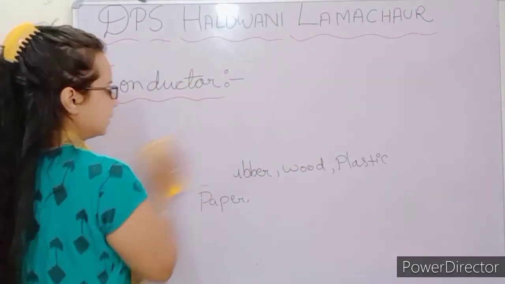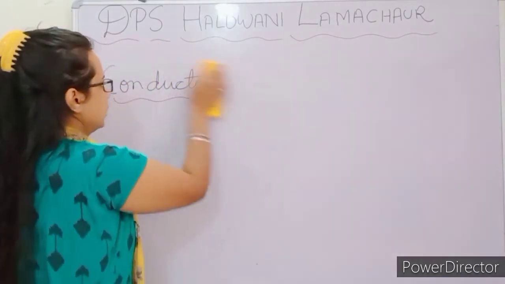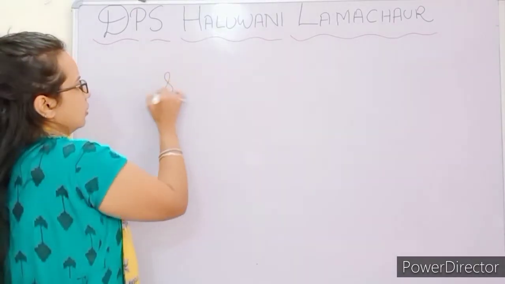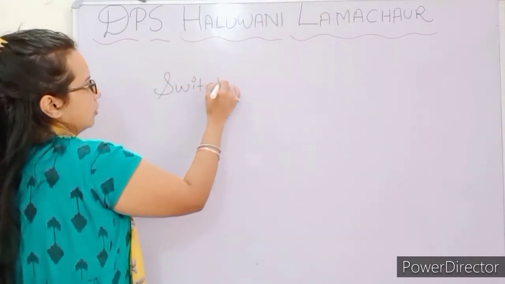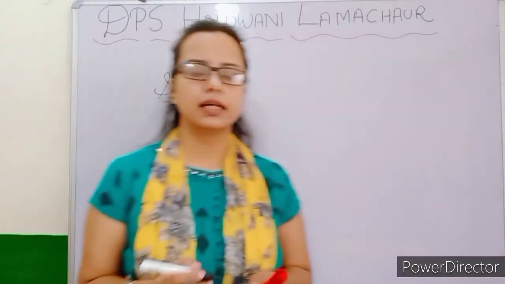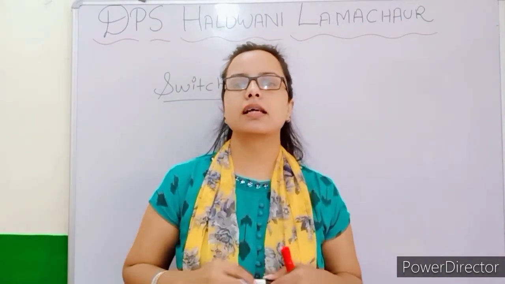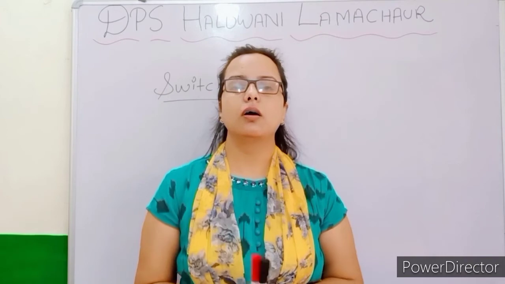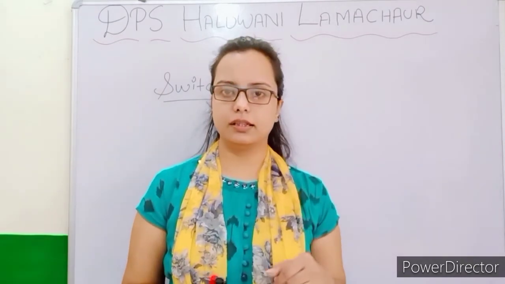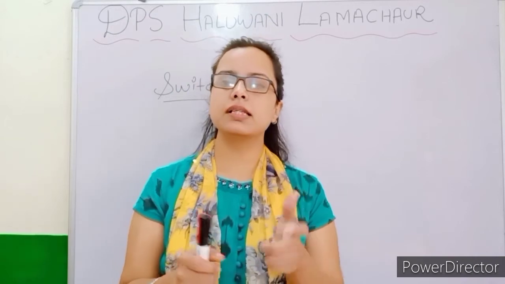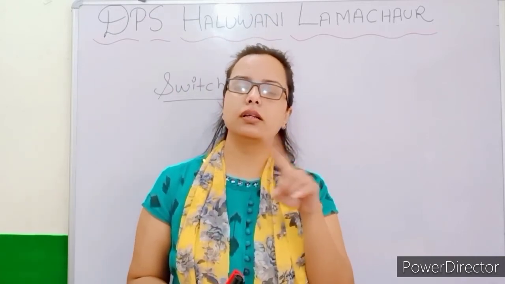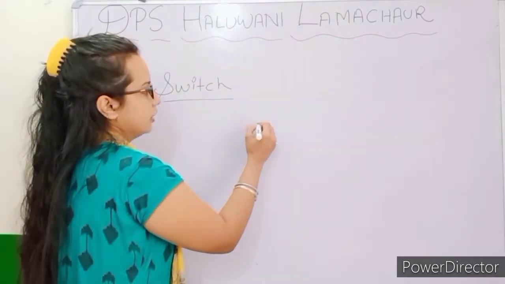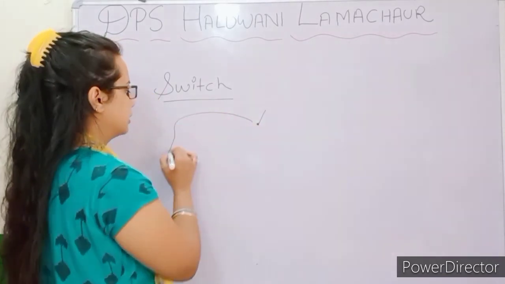Next one is the switch. In the circuit also I have explained to you about the switch. So what is a switch? It is a device that opens or closes the circuit, it completes or it breaks the circuit. Break does not mean it gets broken, it means it breaks the continuity of the flowing current. As I have told you, this is a key and this is a wire.